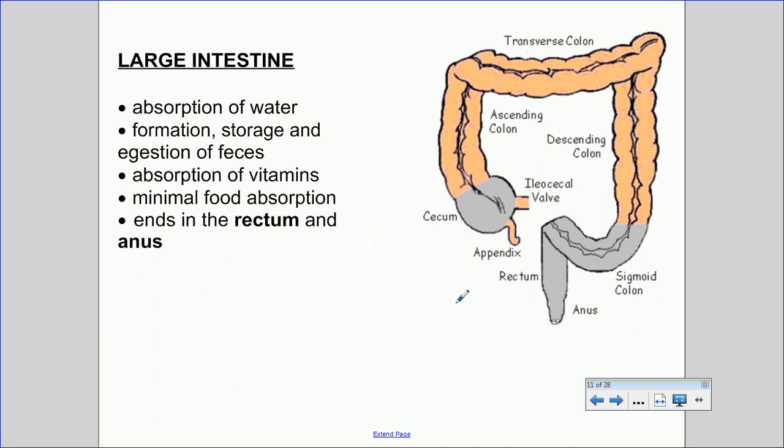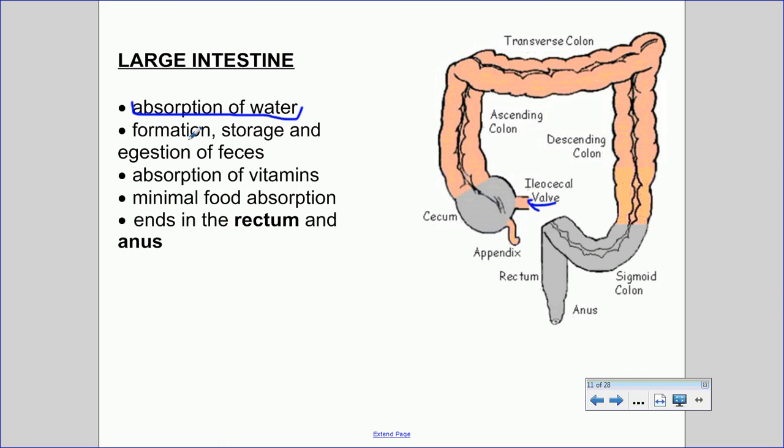From the small intestine, that food bolus will then travel into the large intestine, or the colon as it's sometimes known, and then the large intestine will function to absorb water. In fact, a lot of water absorption occurs in the large intestine. There's a lot of water associated with digestion, and your body works to recover a large portion of that water.